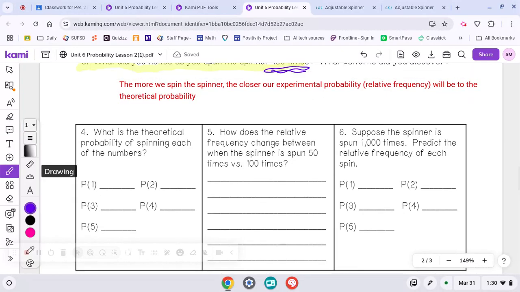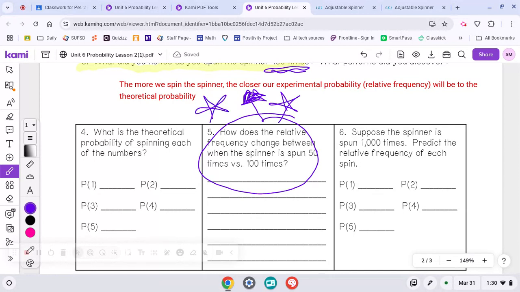Back to my pen. How does the frequency change? The more we spin the spinner, the closer our experimental will be to our theoretical, because we even went 1,000 times.